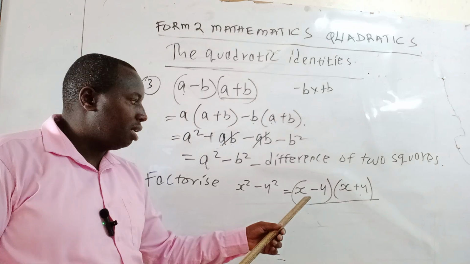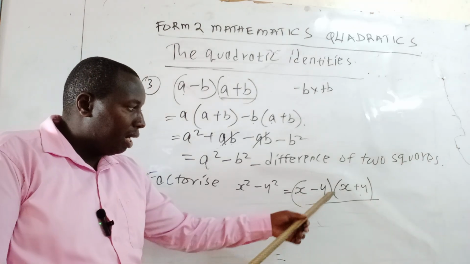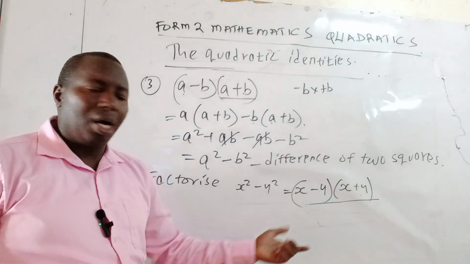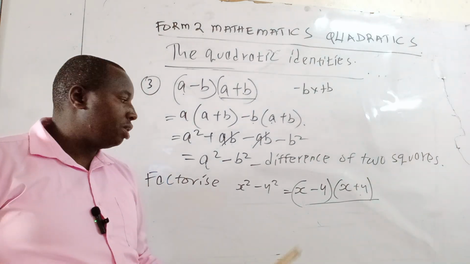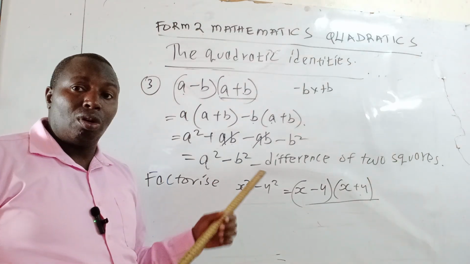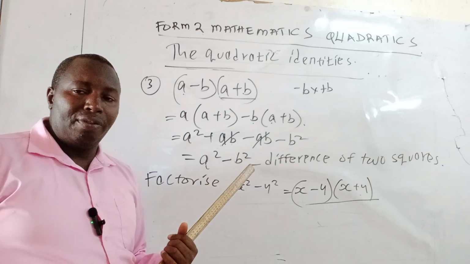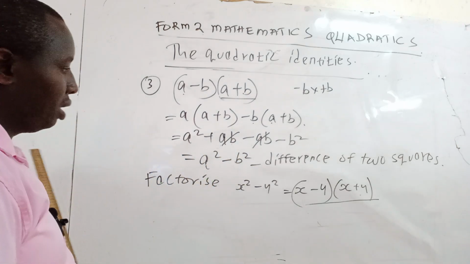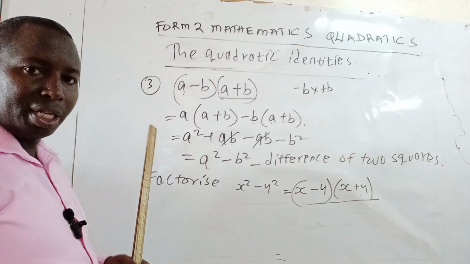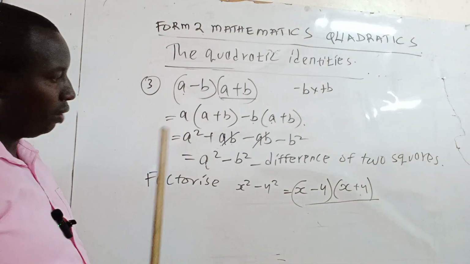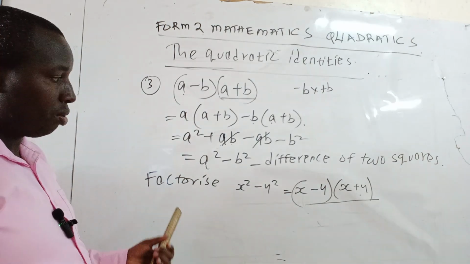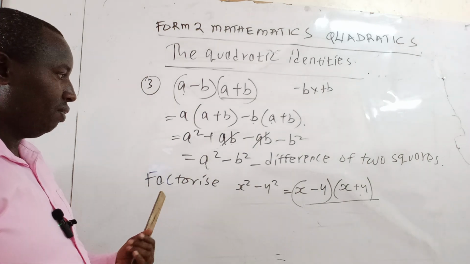So anytime you see x minus y, x plus y and you are told to expand, the end result will be x squared minus y squared. This part is very examinable in an exam. So when you want to factorize this, that's what you're supposed to do.